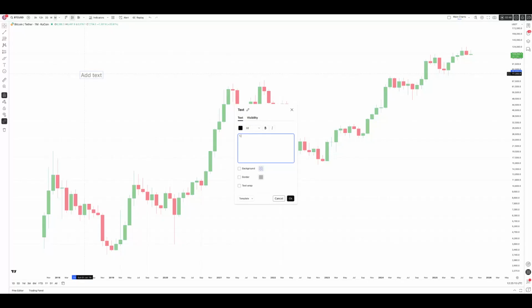Okay, first type, it will be horizontal lines. The second is diagonal lines. And then we're going to have Fibonacci levels, fib levels.